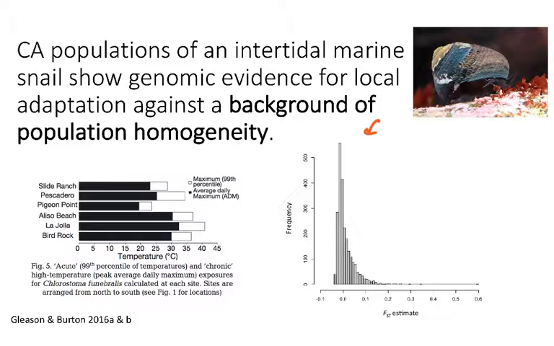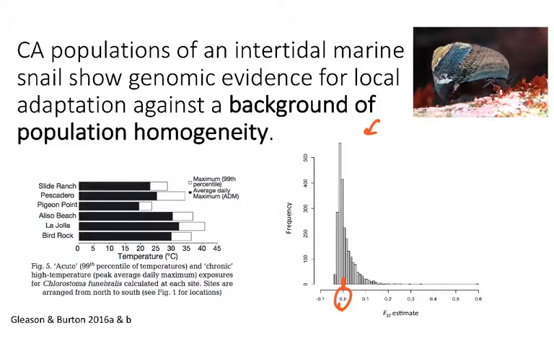So what this is showing is that overall, the vast majority of SNPs or loci in these populations are very genetically similar. So this peak for this FST is around 0. An FST of 0 means they're genetically identical.